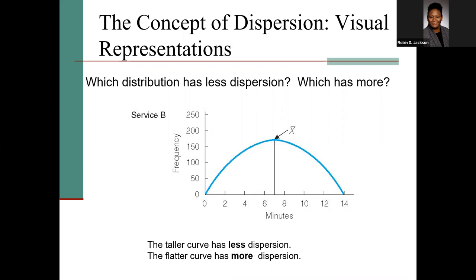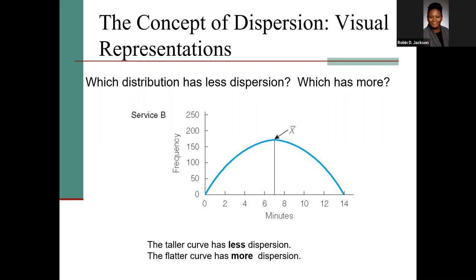Again, remember that dispersion refers to the variety and the diversity in a distribution. So this means that dispersion tells us about the variation in the scores. A distribution whose scores are closer to the mean will have less variety, whereas a distribution whose scores are further away from the mean will have more variety.